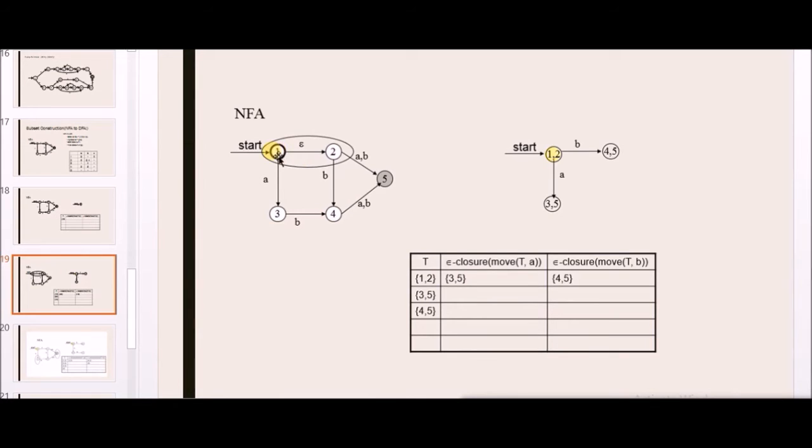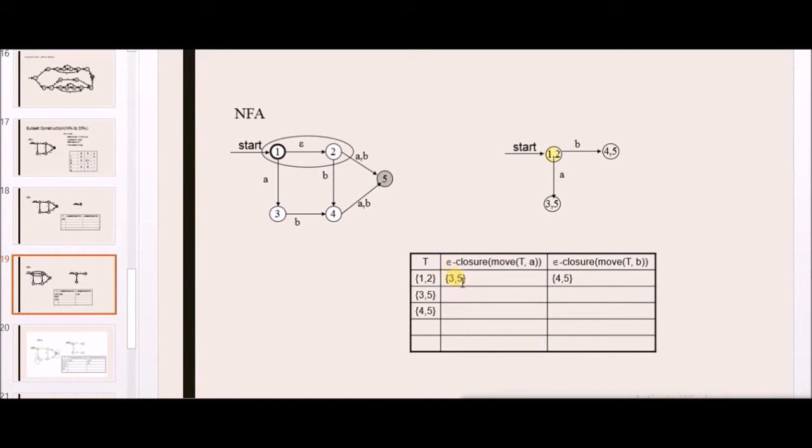From 1, if we find alphabet A, we are able to go to state 3, which I write here. From 2, if we find alphabet A, we are able to go to state 5, which is here.